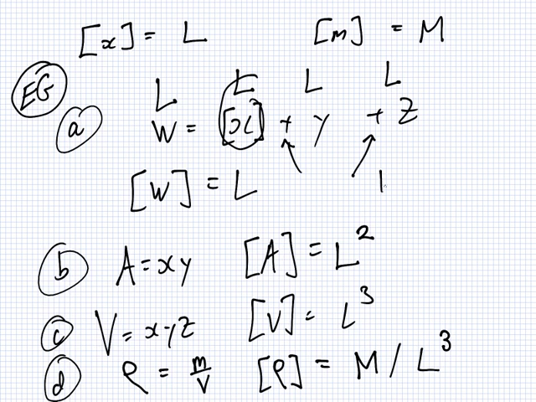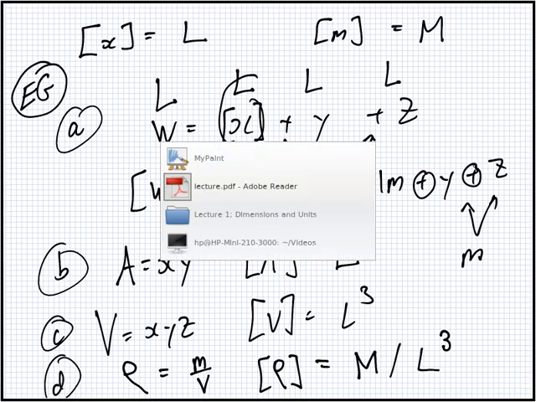So for example, if I said 1 meter plus Y plus Z, these must be in meters because of the adding. Yeah? It was my trick. Okay, continue? Yes? Okay.